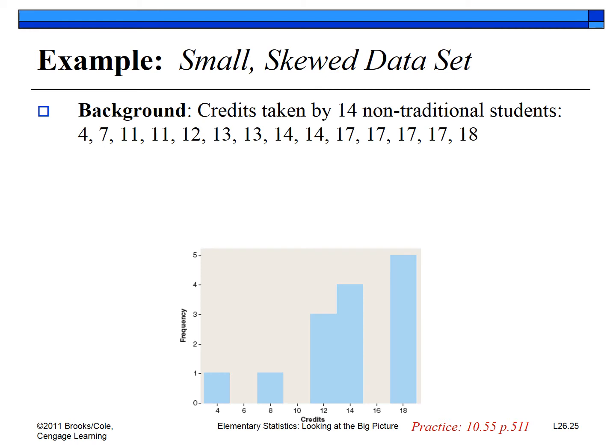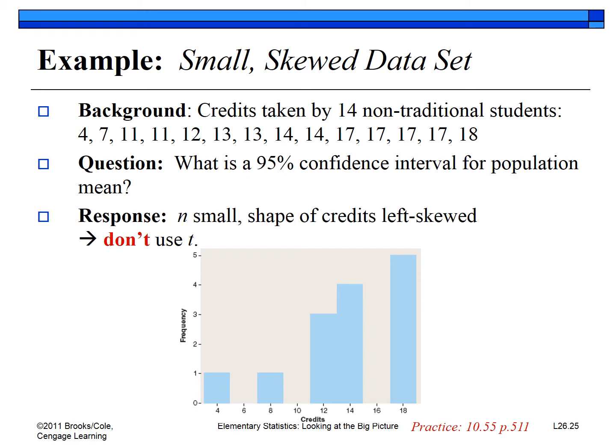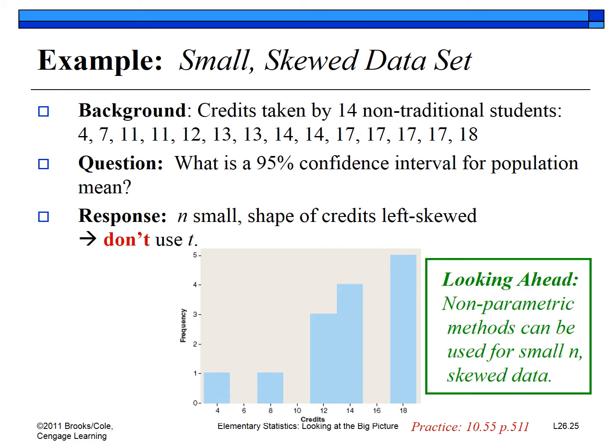Here are the number of credits taken by 14 non-traditional students. You can see the histogram below. If I ask for a 95% confidence interval for the population mean, what would you tell me? Well, because n is small and the shape of the distribution is very left skewed, we can't use t.